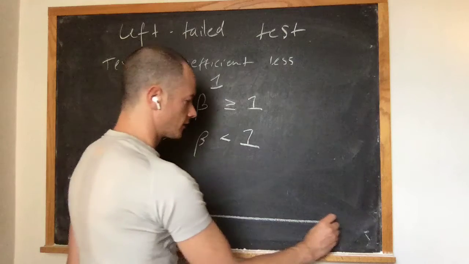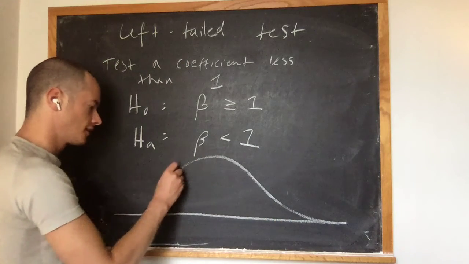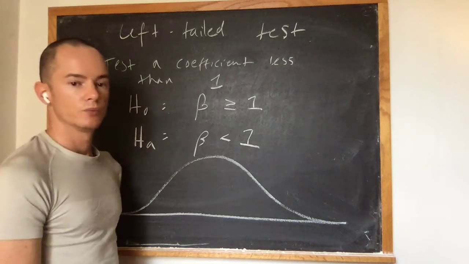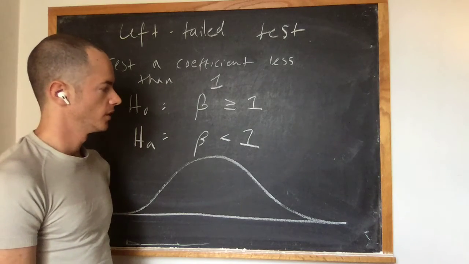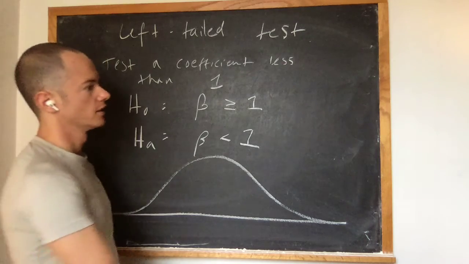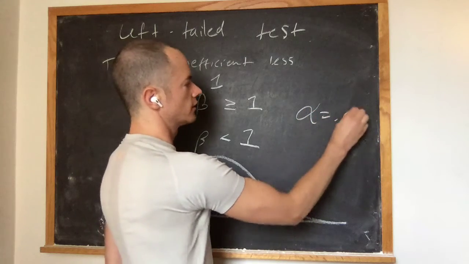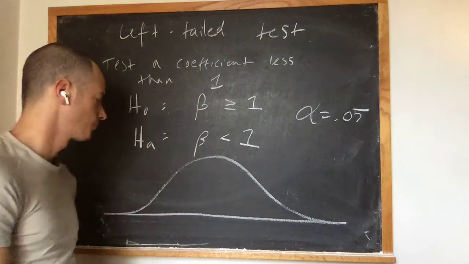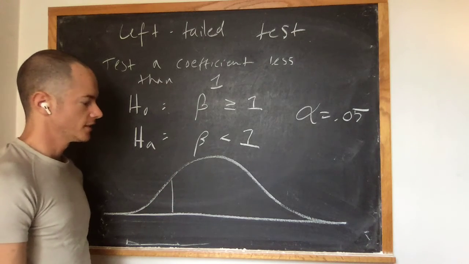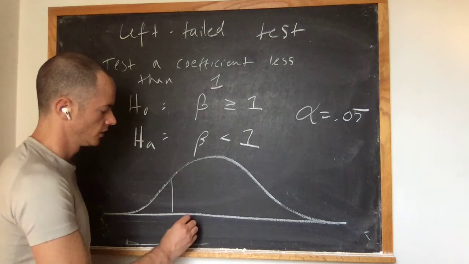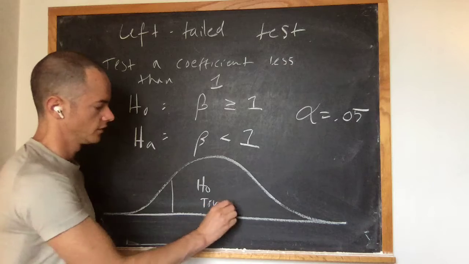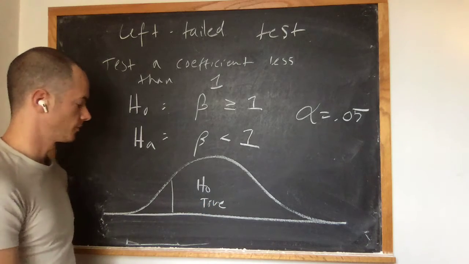Now let's plot these hypotheses on a distribution. Let's assume that we can plot the hypotheses on a normal distribution. This is a left-tailed test, and let's use a level of significance of 5%. So the null hypothesis is going to be true in this part of the distribution.